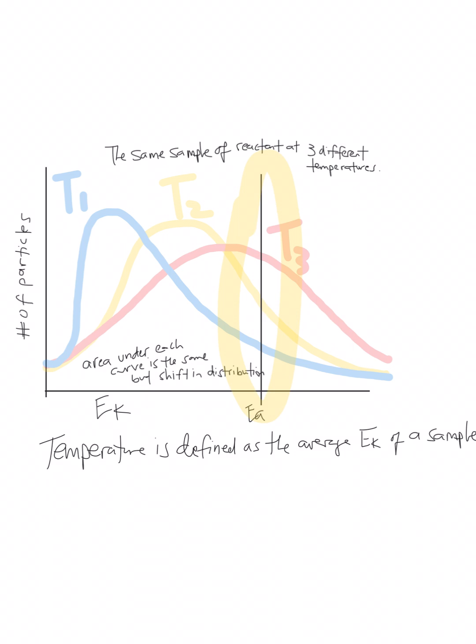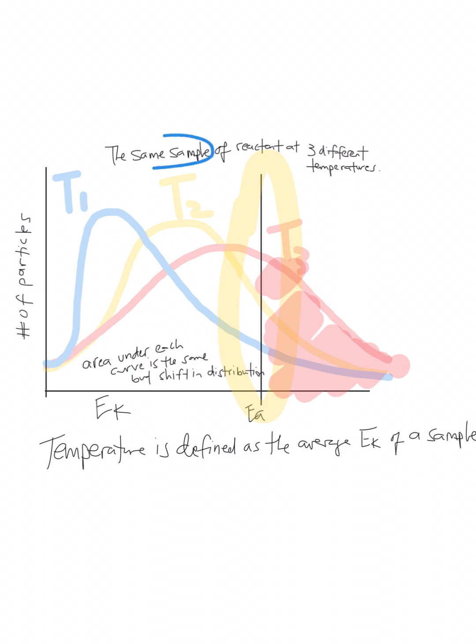Any molecules to the right of that line would have kinetic energy large enough to react, okay? Any molecules to the left of the line do not have a kinetic energy large enough to react when they collide, okay?